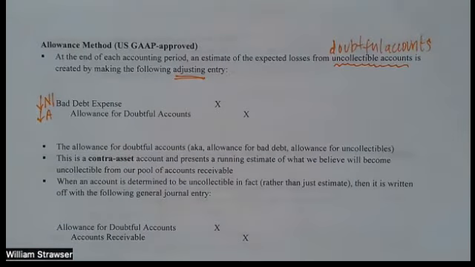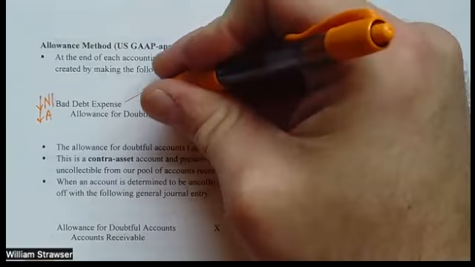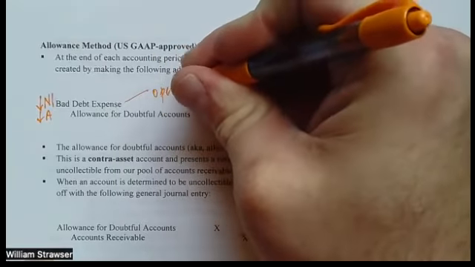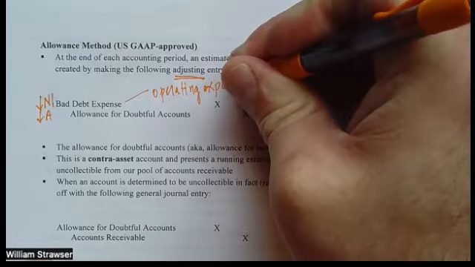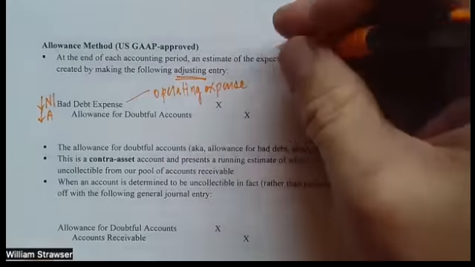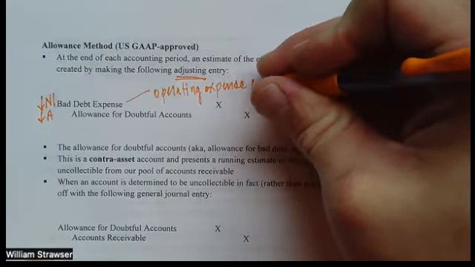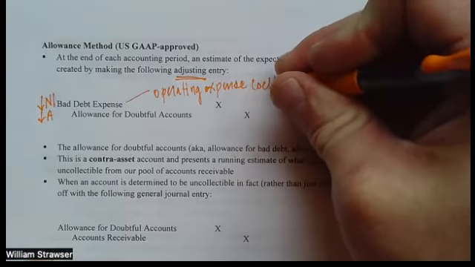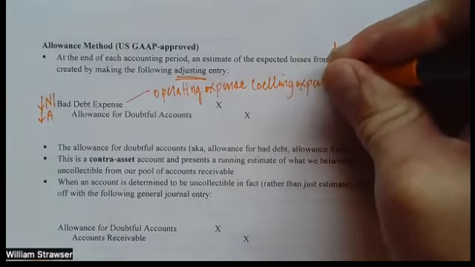Just to give us a little more context, because we are adding to our knowledge about how things are compiled on the income statement: bad debt expense would be an operating expense, and depending on the company, most companies would put it within that catch-all of selling expenses, because it is an expense of selling things.